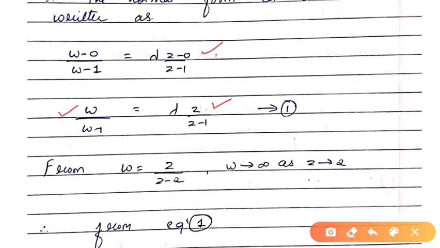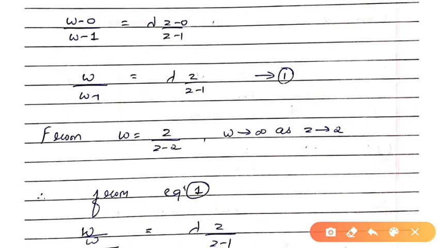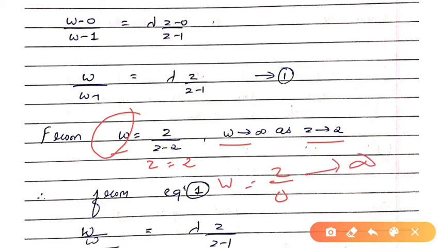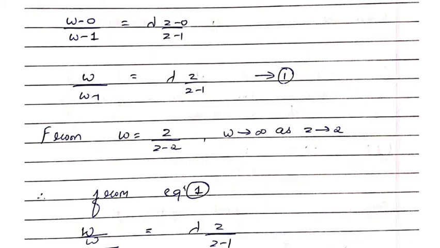Now we are given the transformation w equal to z upon 2. Now this w will tend to infinity as I am taking z equal to 2. That means if I put here z equal to 2, you will get z upon 0, and z upon 0 means infinity. So the value of w will tend towards infinity.